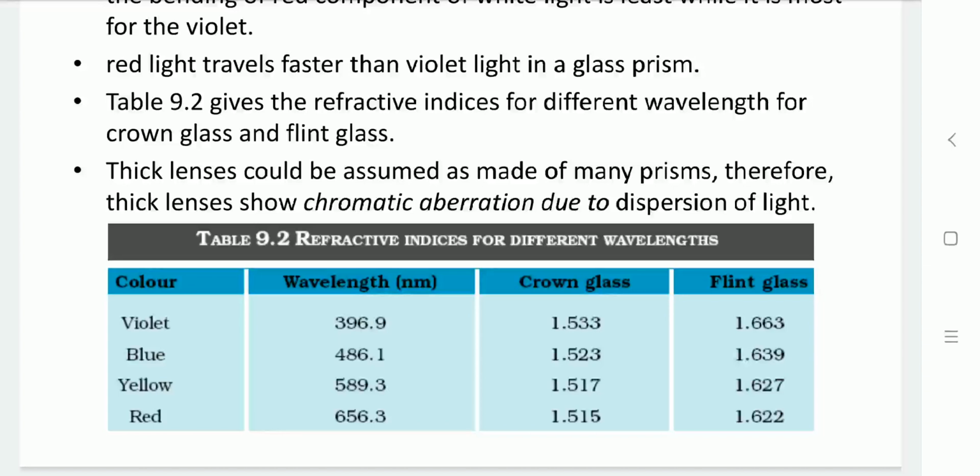Yellow color has a refractive index in crown glass of 1.517, and in flint glass it is 1.627. Red color has a refractive index in crown glass of 1.515, and in flint glass it is 1.622.